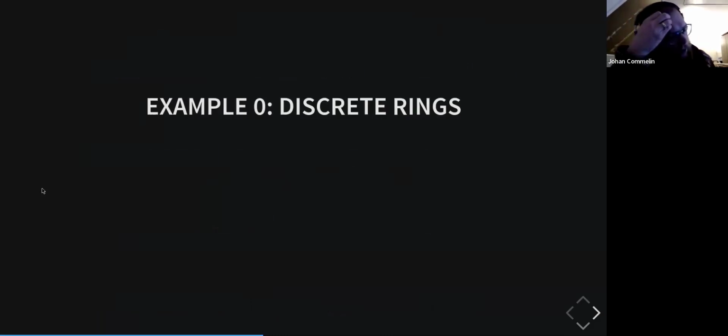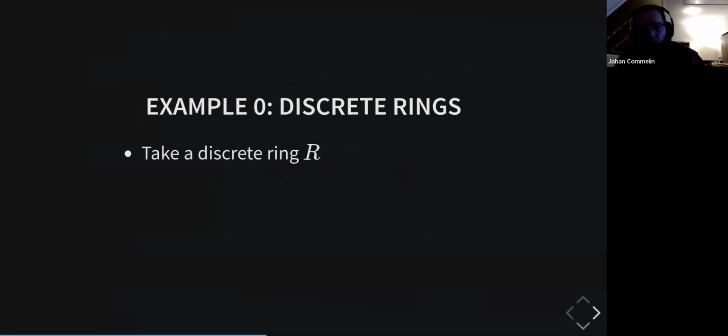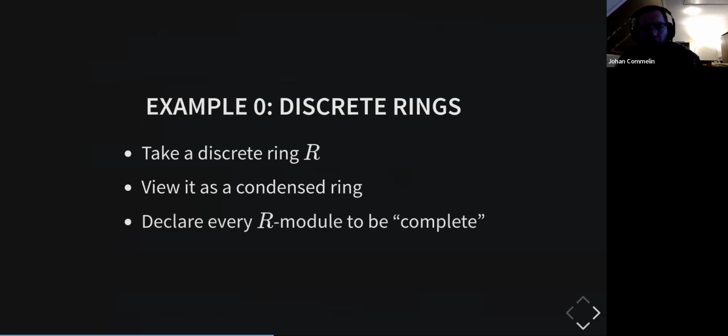So the easiest examples of analytic rings are just discrete rings. You take a discrete ring R, you view it as a condensed ring, and you declare every module over R to be complete. And so you've just done nothing. This is a way to view every discrete ring as an analytic ring.